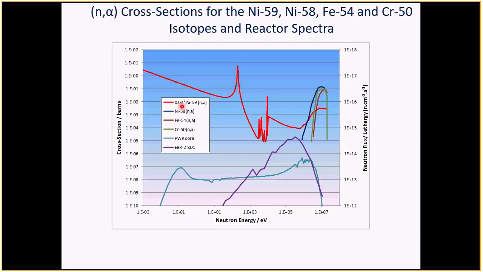I've just put on this 0.4% weighting for the nickel-59 reaction cross-section here. And what you'll see here is that when you have a spectrum like this for a PWR, when we have nickel-59 produced, I should have maybe used a CANDU in this case, then we have this possibility of producing a lot of helium.